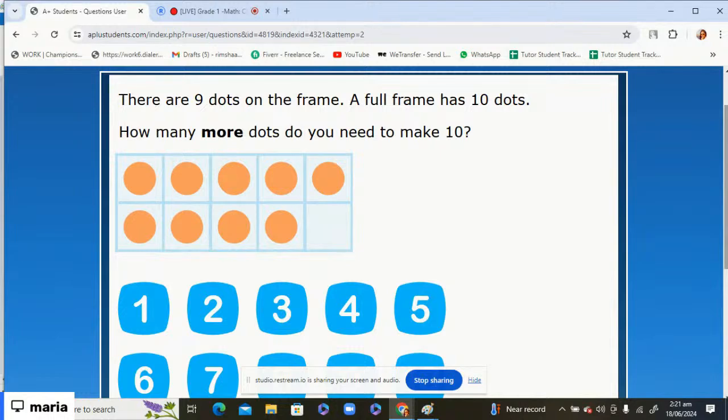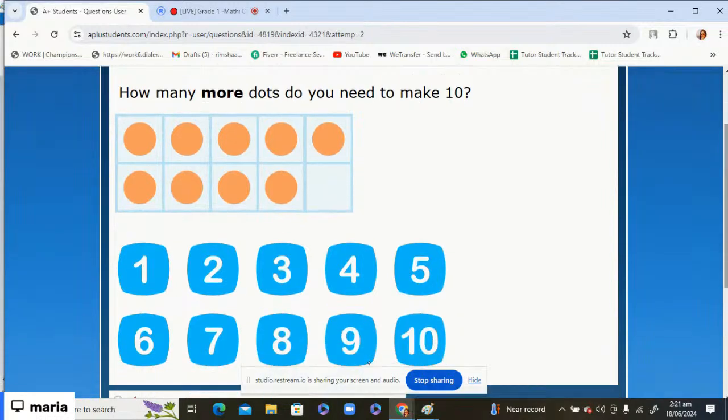Full frame has 10, and these are 9 dots already given. So, how many more dots do you need to make 10? Check it out. How many more dots that you need? There is only how many blank spaces left here? Only the one blank space is left. That is this one. Okay, so we can say that only one.